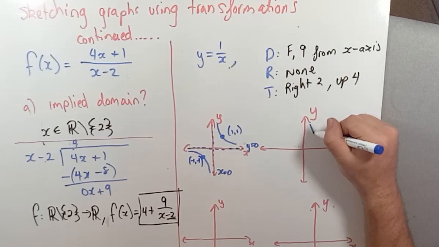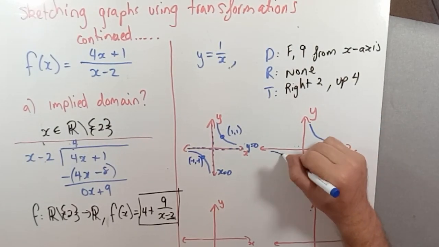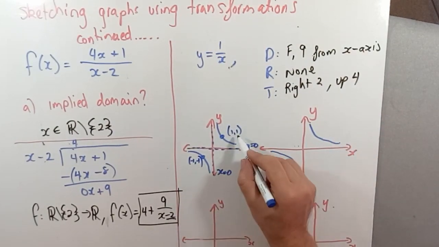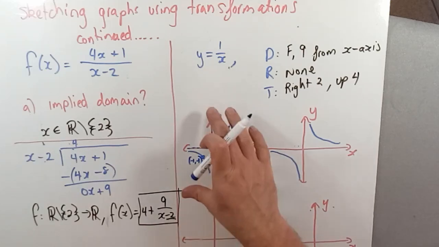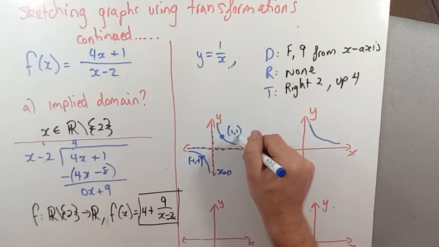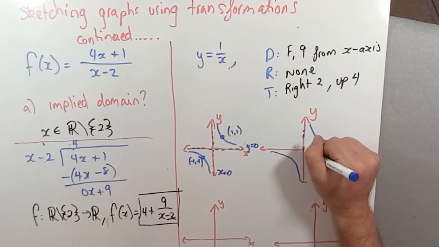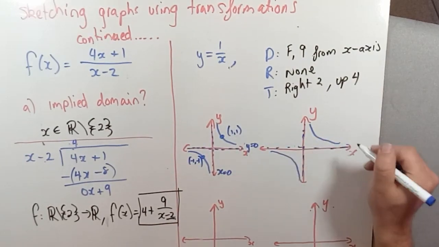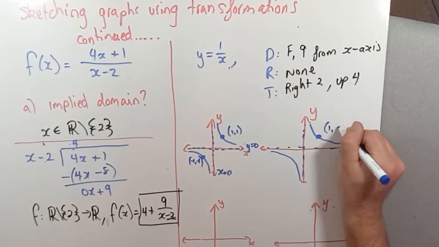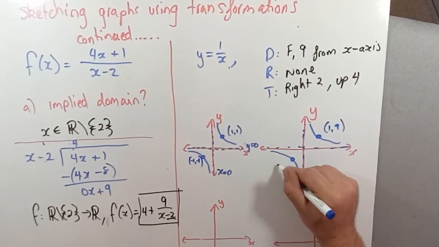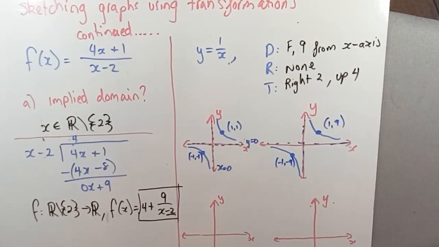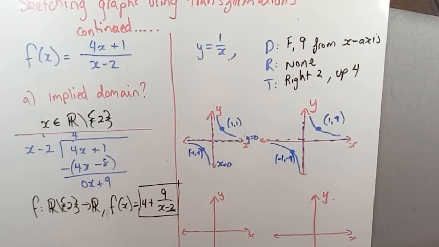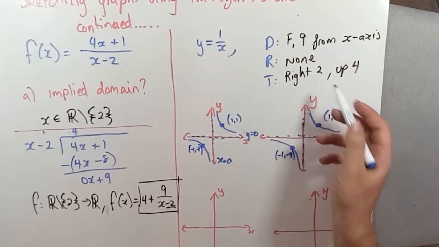I'll just draw the same thing, and if you're clever, you can just change that to a 9 and that to a -9, and you've got the dilation all in one graph. You didn't actually have to do much, you just change this number. So the graph is going to look the same, just that point is going to change from -1 to -9. You can label the asymptotes as well, but no reflections.